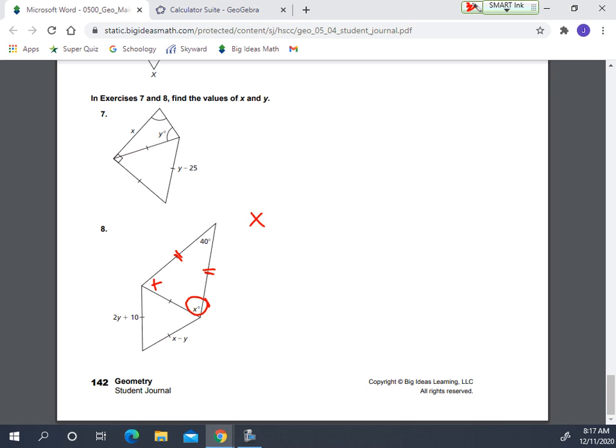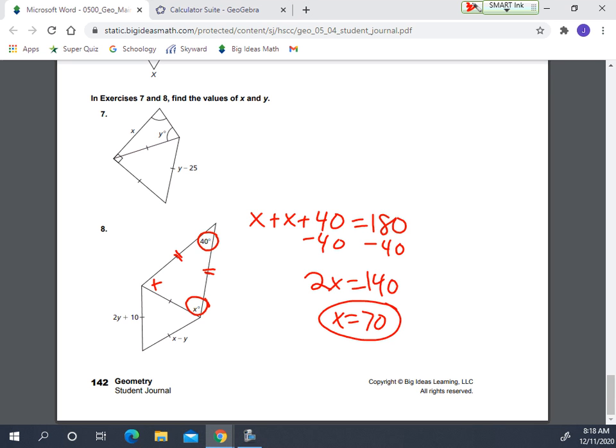Well, we know that x plus 40 have to equal 180. Combine like terms and I'm going to subtract 40. So I get 2x is equal to 140. And if I divide by 2, I get x is equal to 70. Okay, so x is 70.